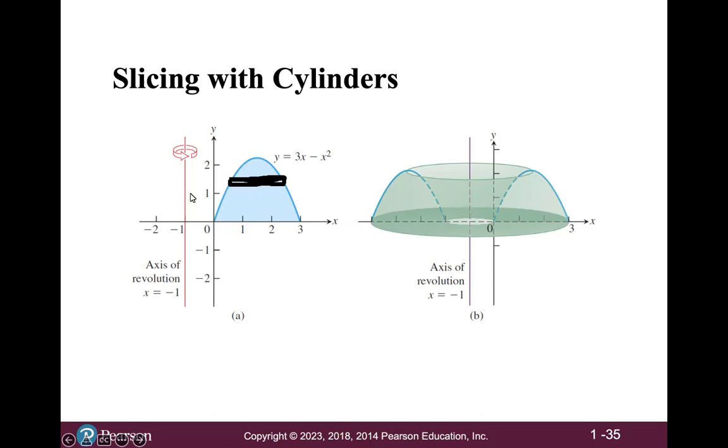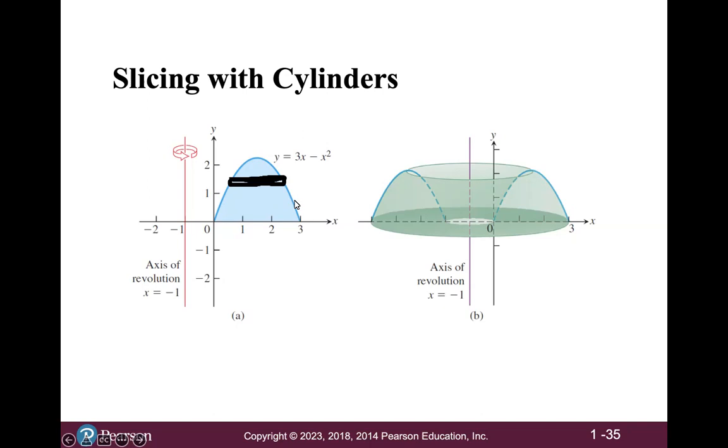And then you have to do an outer radius and an inner radius. Because this rectangle is horizontal, the first thing we would have to do is rewrite this equation so that it's solved for x.